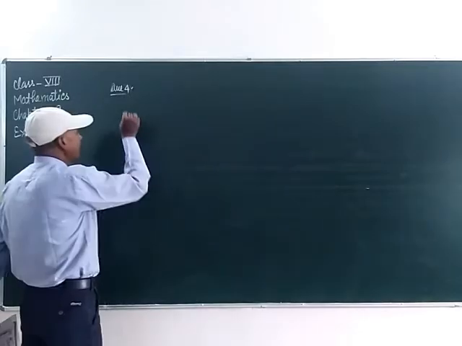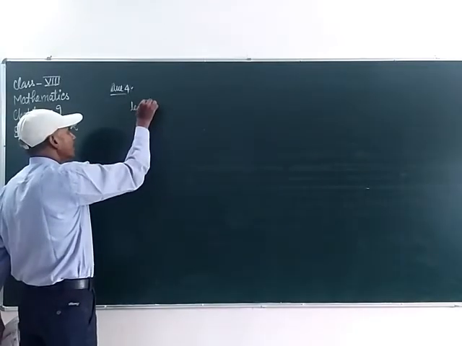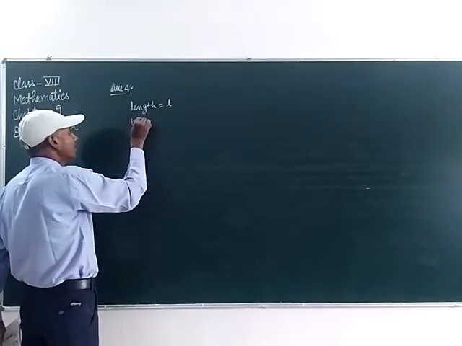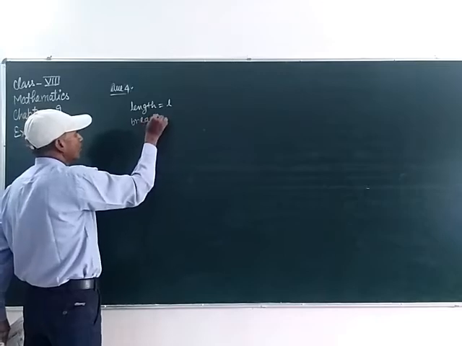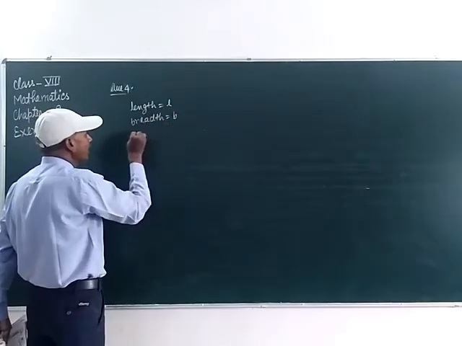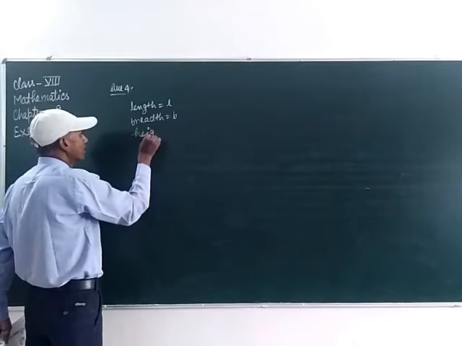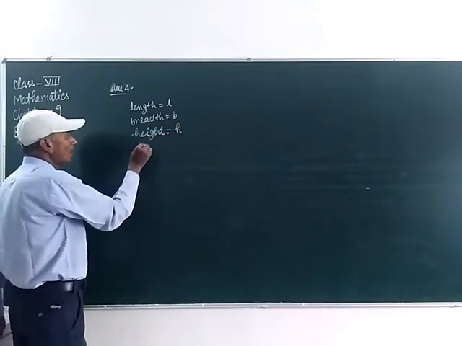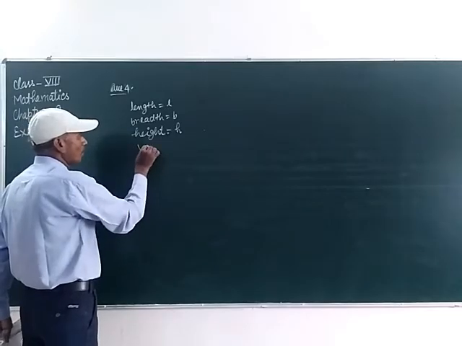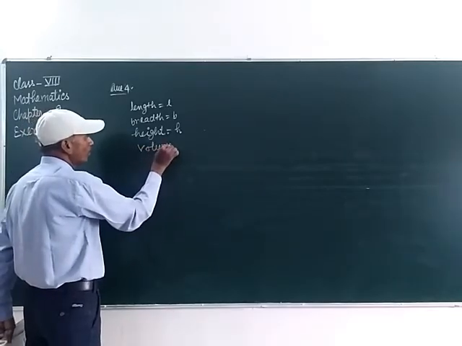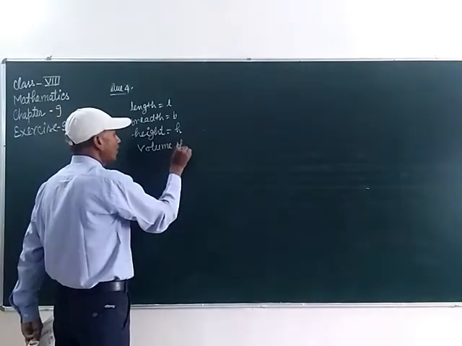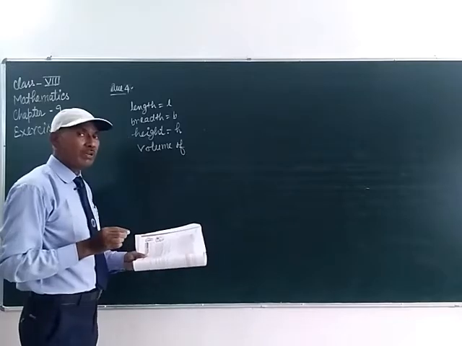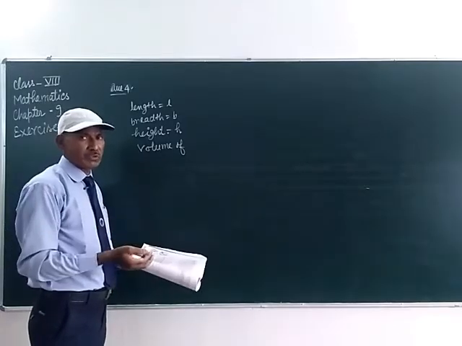So let length be L, width be B, height be H, and volume of this rectangular box, it means cuboid, student.